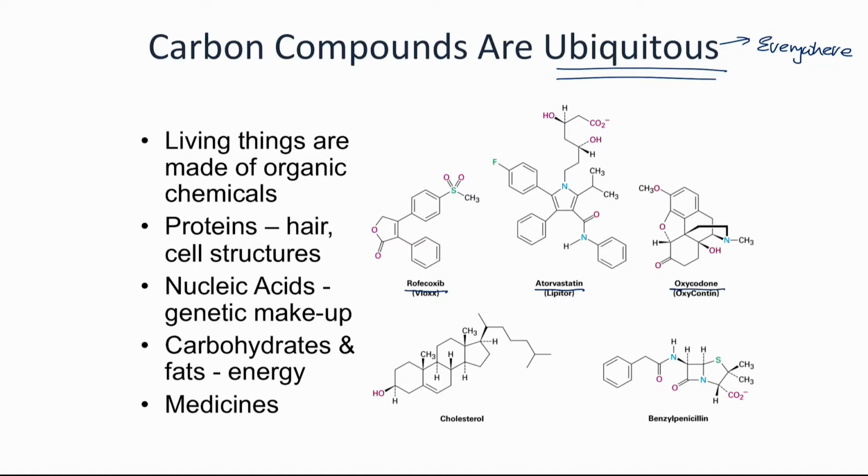Next, you already know oxycodone. It's an opioid drug generally used for severe pain. These are painkillers, but there are chances that you might get addicted to them. The next common molecule that you already know is cholesterol.